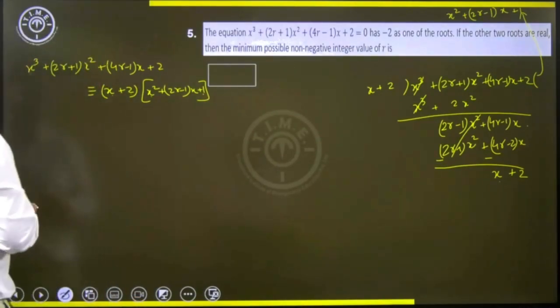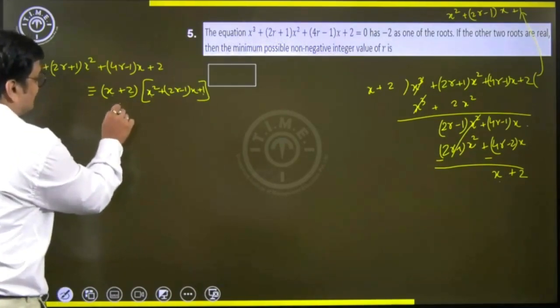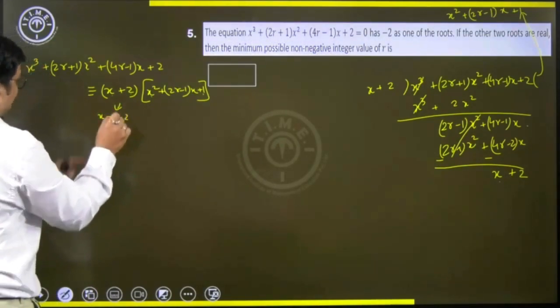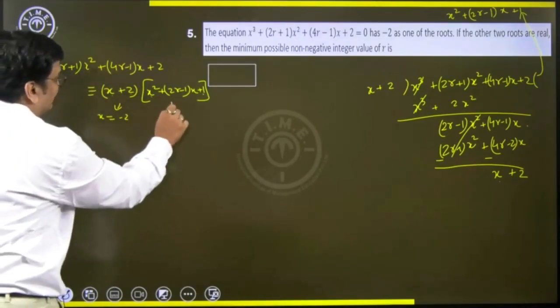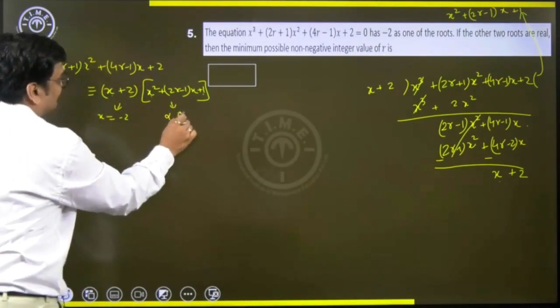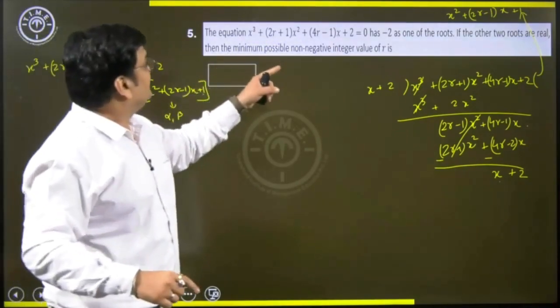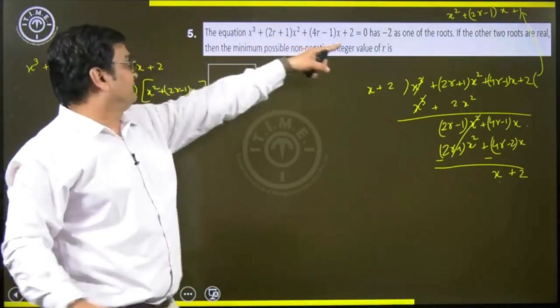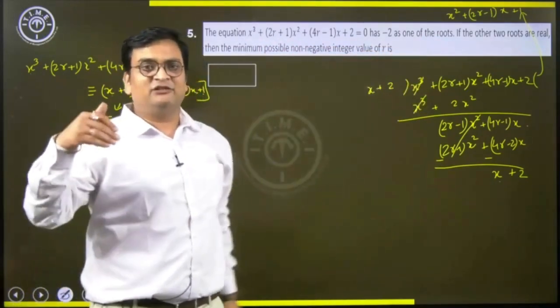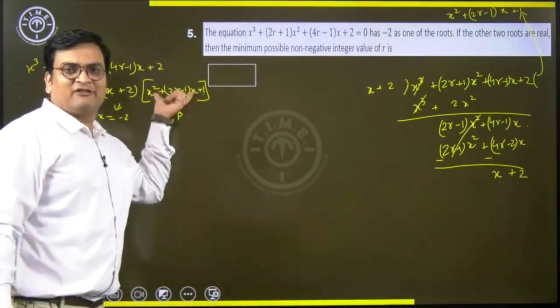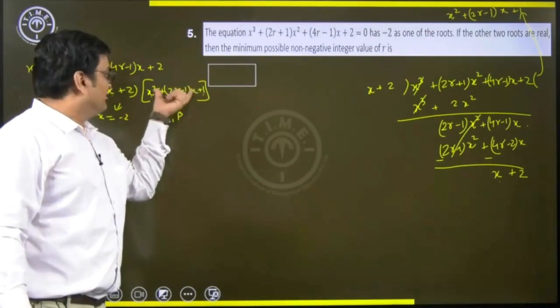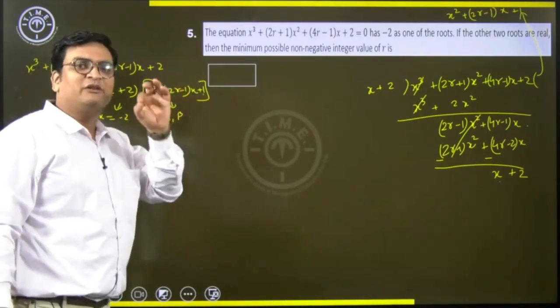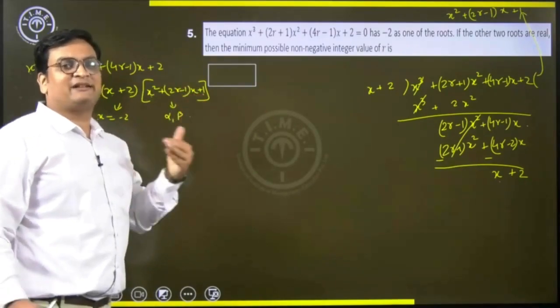Anyways, now let's continue. Now this has x equal to minus 2 as one of the roots, and this quadratic will have two roots, suppose alpha and beta. According to the question, they are also real. So when I put this quadratic equal to 0, when does it have real roots? Only when its discriminant is greater than or equal to 0.